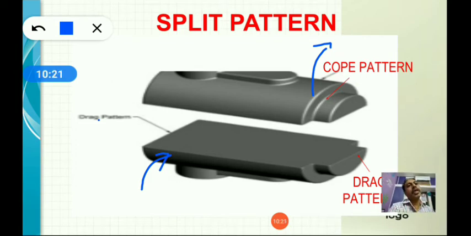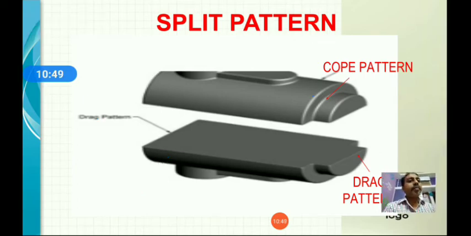So this is a split pattern, and a split pattern is used to ease the making of a mold. If it is a one-piece pattern, then in a large product we cannot easily create a mold. So to make the molding process easy, we can divide our pattern into two parts, and that is called a split pattern.